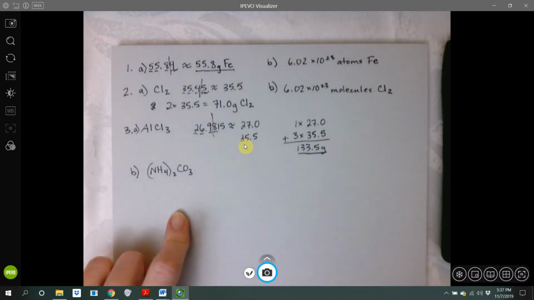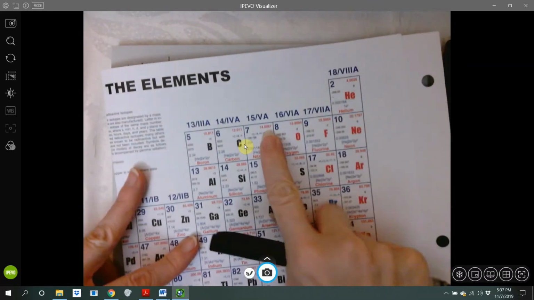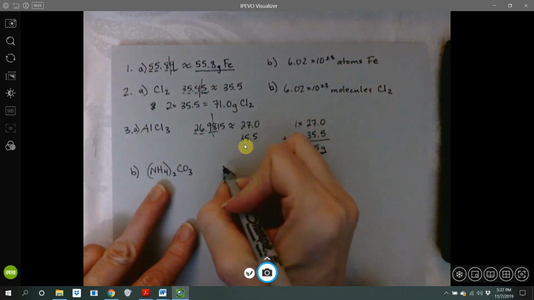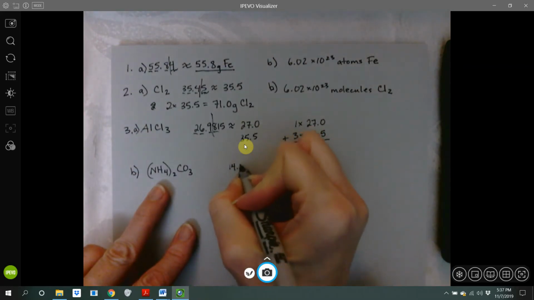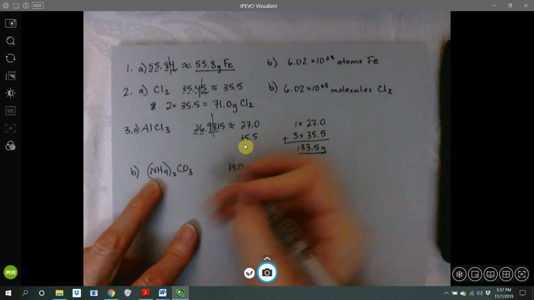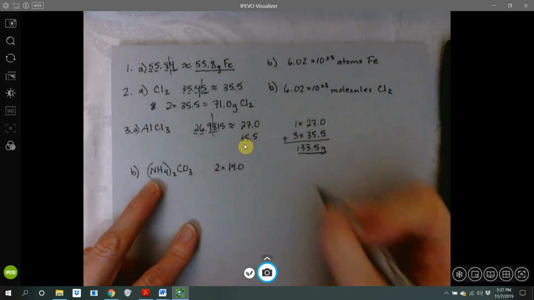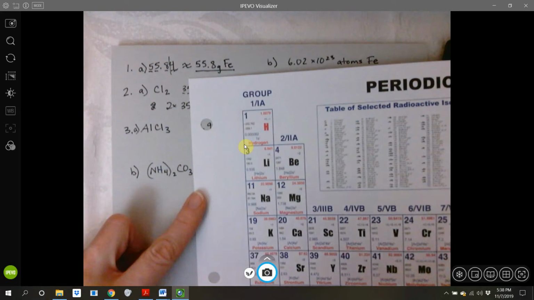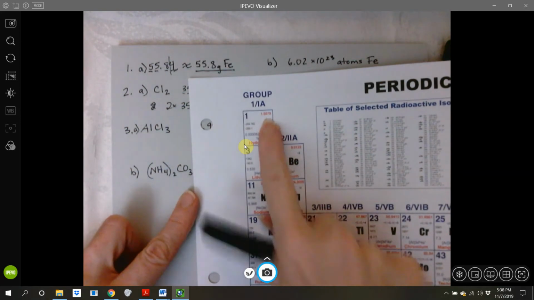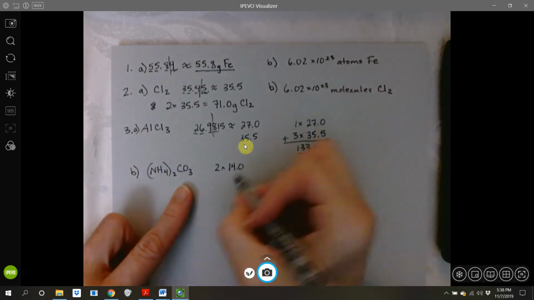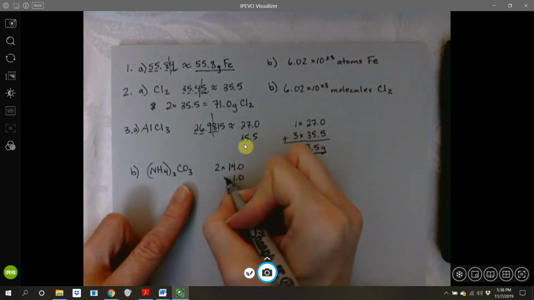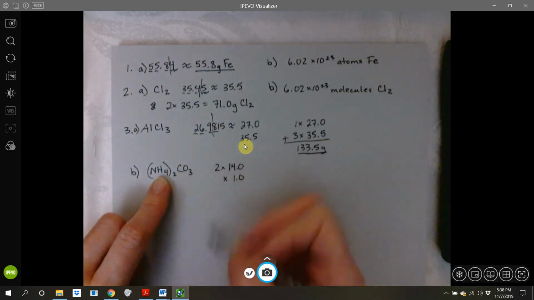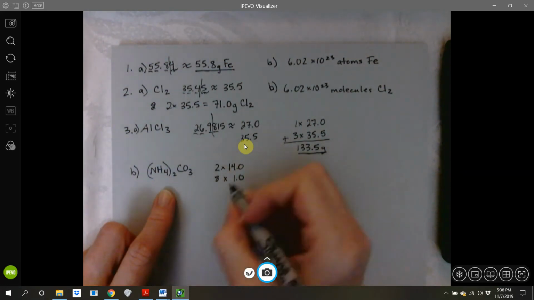If we look for nitrogen on our periodic table, here it is, 14.0. So I'll write 14.0, and there are 2 of them, so I'll give it a little times 2. Hydrogen, if you look on your periodic table here, is 1.0, and we'll say times 8, right? Because there's 8 of them.